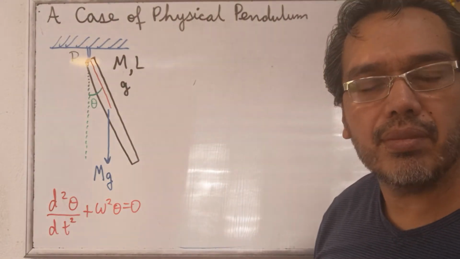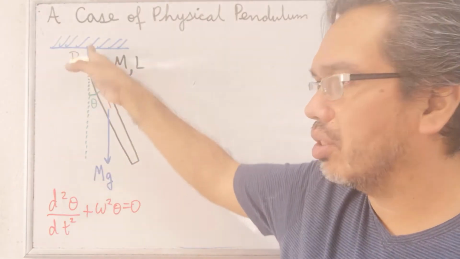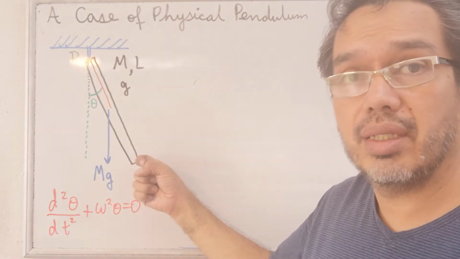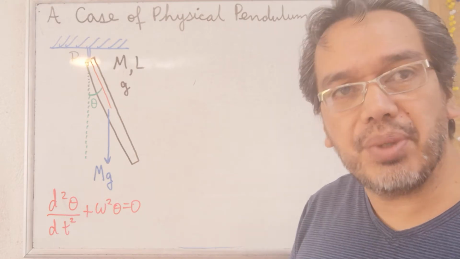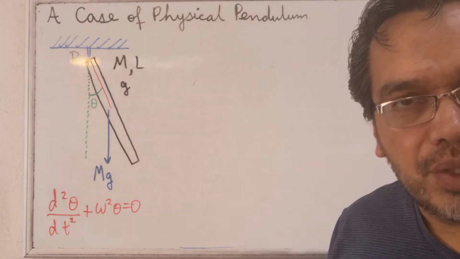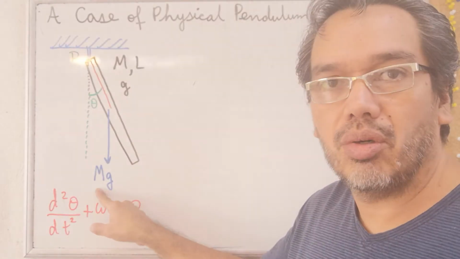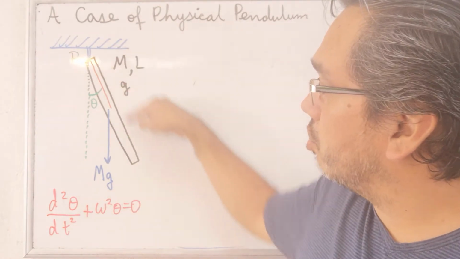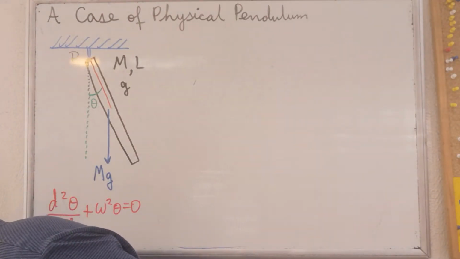Then this thing is going to stay in an equilibrium position at the vertical. But if you pull it outward a certain angle from the vertical, it will experience a restoring torque. A good approximation is that the weight mg of the object acts on the center of mass, and because this is uniform, the center of mass is some distance d over here.